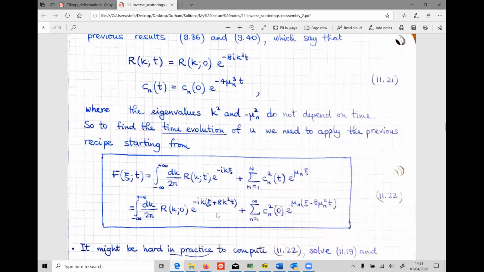So we get the expression in the second line of 11.22, which again involves an integral over k, some Fourier transform of the reflection coefficient, and then a sum of exponential terms coming from the discrete part of the spectrum. And sorry, I see a typo here. The upper value for the sum should be capital N, the number of bound states, not infinity.